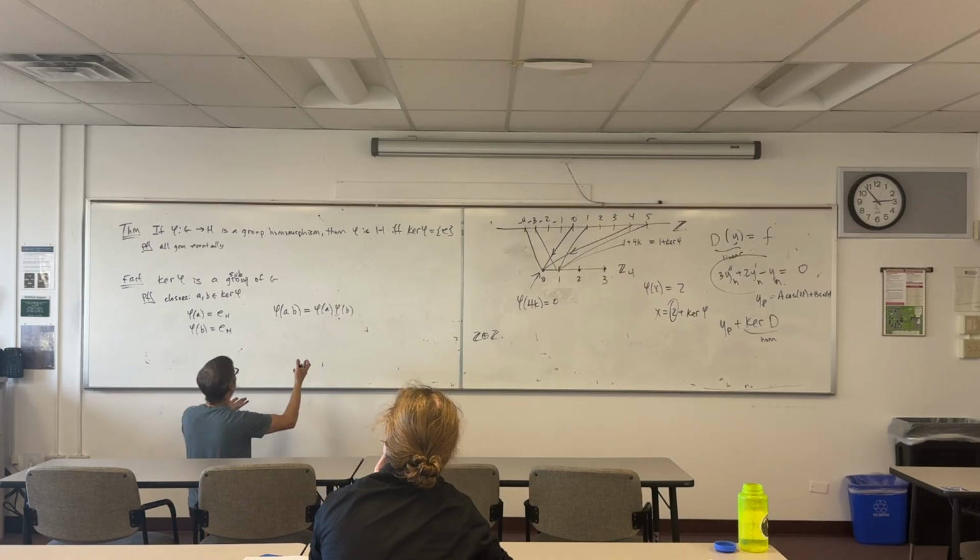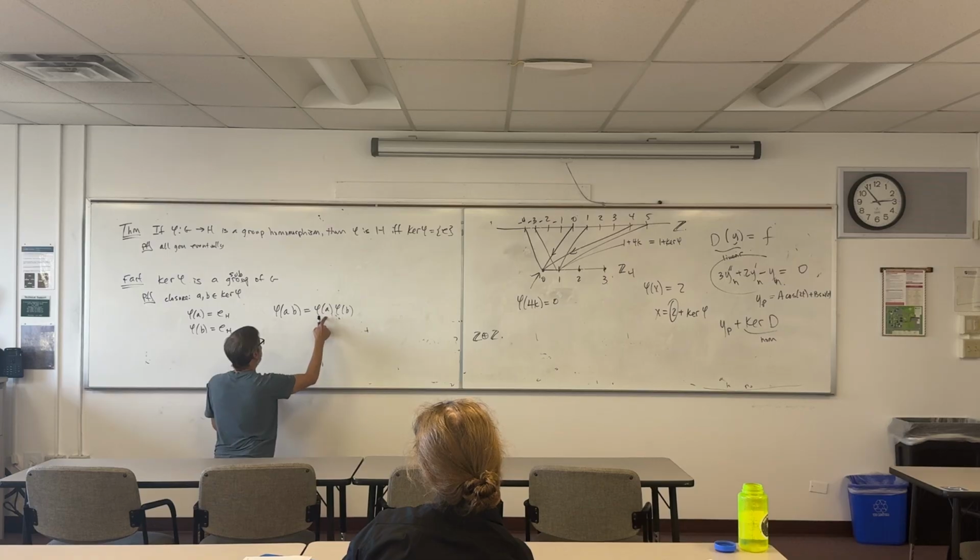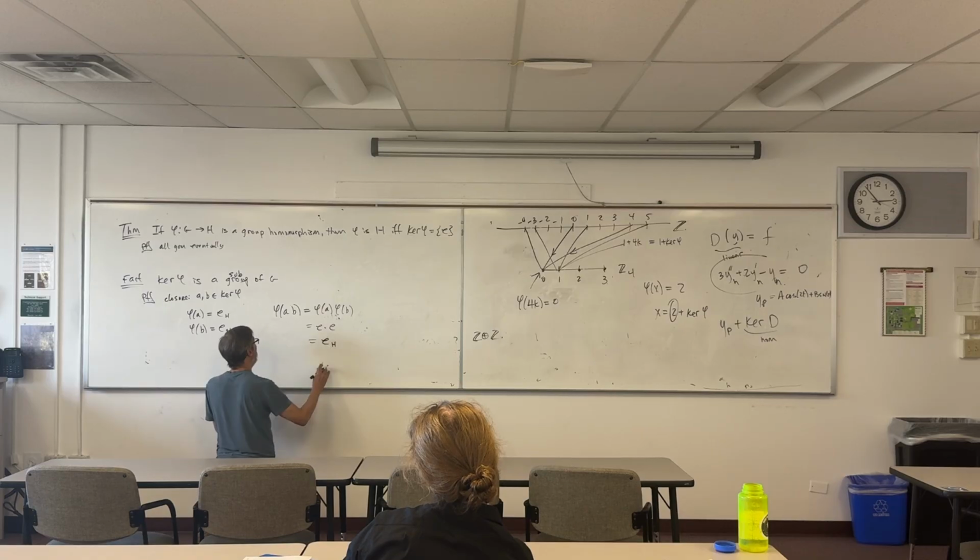I don't have any other structure to work with. This is the only assumption about phi right here. It preserves group structure. So this is E, this is E, and then this is just E. And that, of course, is the E in H. So AB is an element of the kernel of phi.